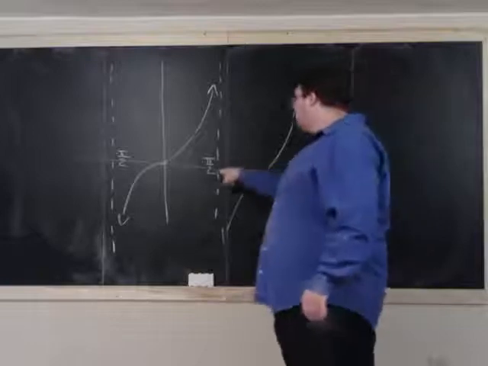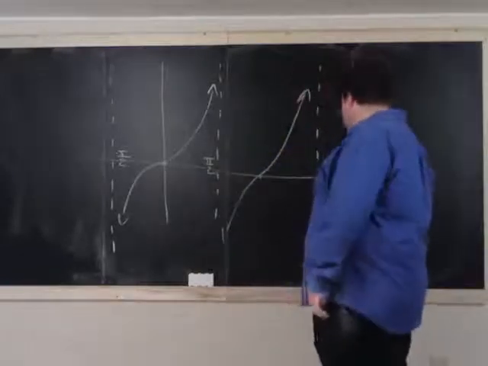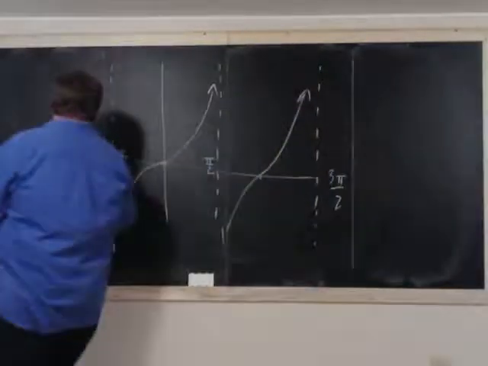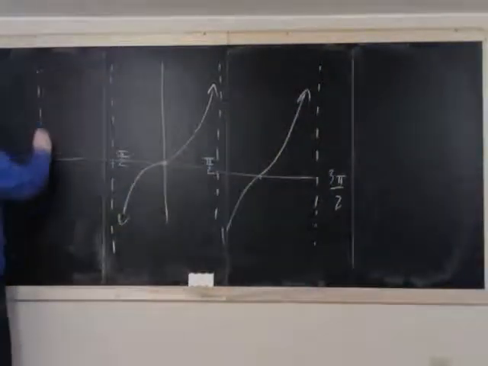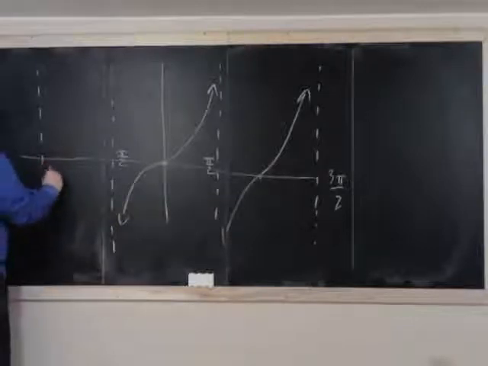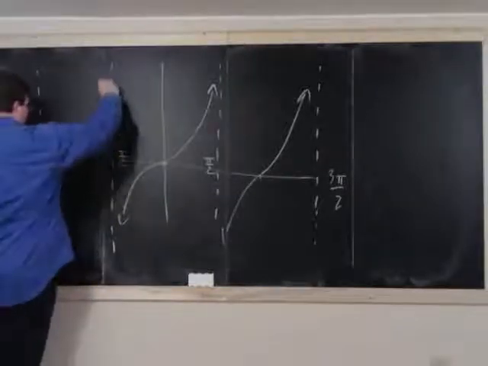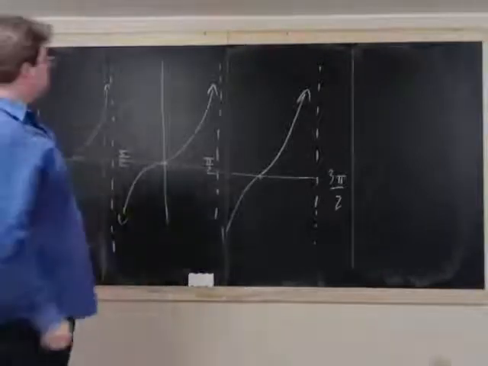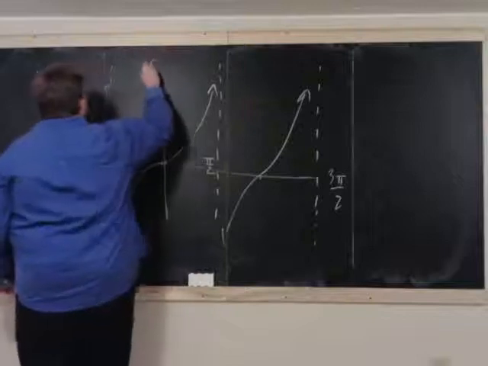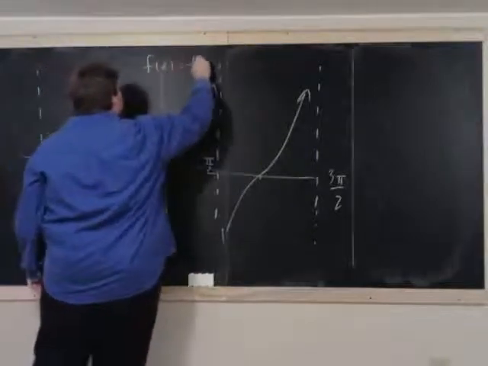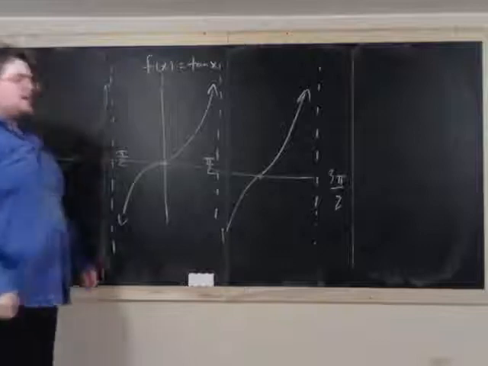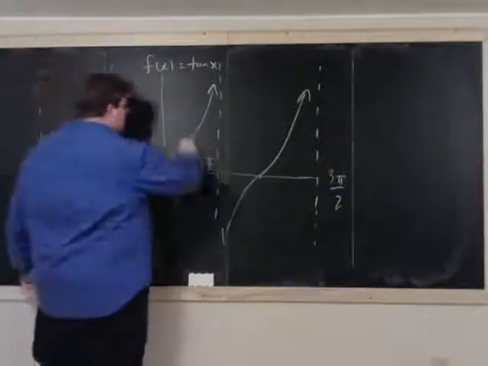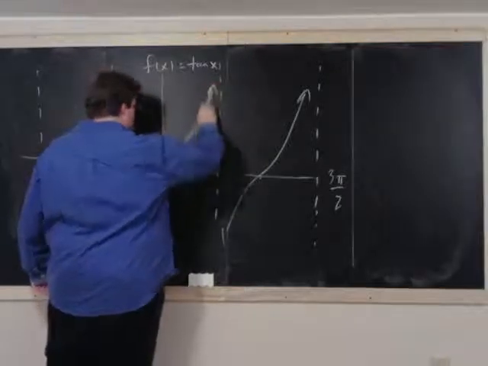And then if this is a length pi, from pi over 2, another length pi would be 3 pi over 2. And then it goes in the negative direction as well to negative 3 pi over 2. Like that. Now, again, this function, tangent of x, does not satisfy the horizontal line test. But it will if we restrict the domain.